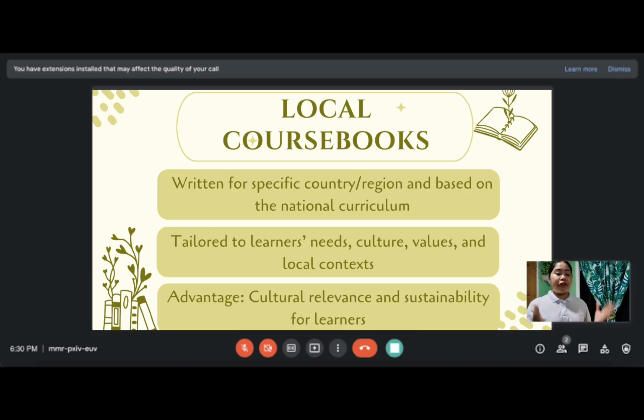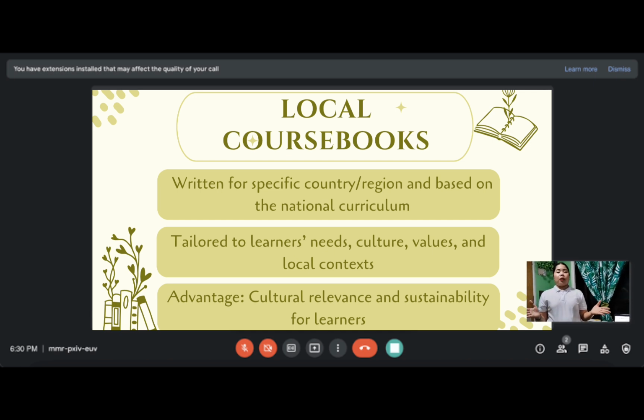Let's move on to the third one. Advantage: cultural relevance and sustainability for learners. So, the main advantages are cultural relevance and sustainability. Students can easily relate to what they are studying because it reflects their own environment and way of life.